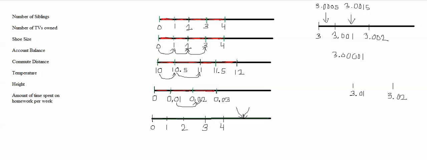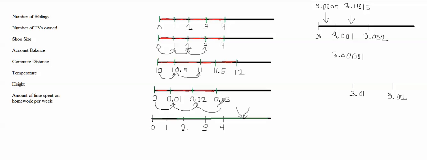So I start off with an account balance of 0. If I have no money in the bank, and then when I deposit 1 cent, my account balance goes up by 1 cent. If I deposit another penny, it'll go up to 0.02. If I deposit another penny, it'll go up to 0.03.